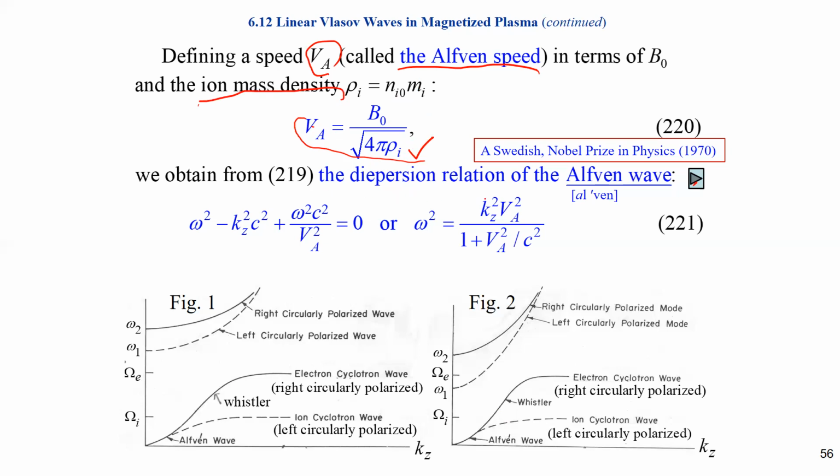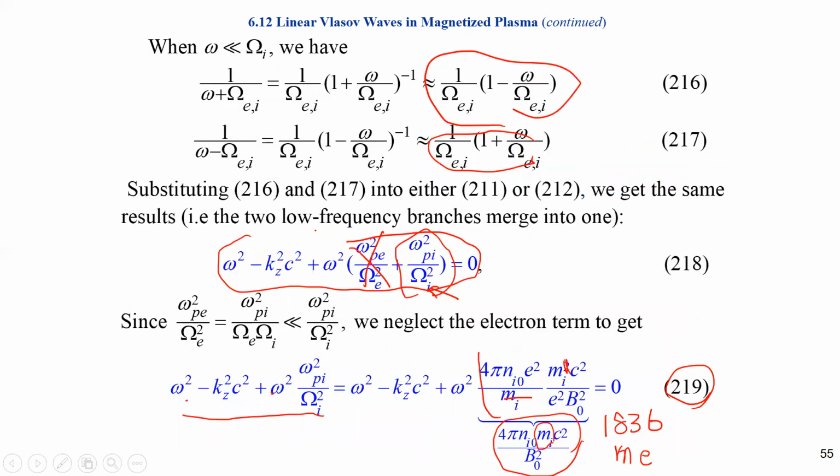So the dispersion relation of the Alfven wave, one more time, is shown here. Okay, c squared over VA squared. Going back to the previous case, this one is combined with this one and cancels.